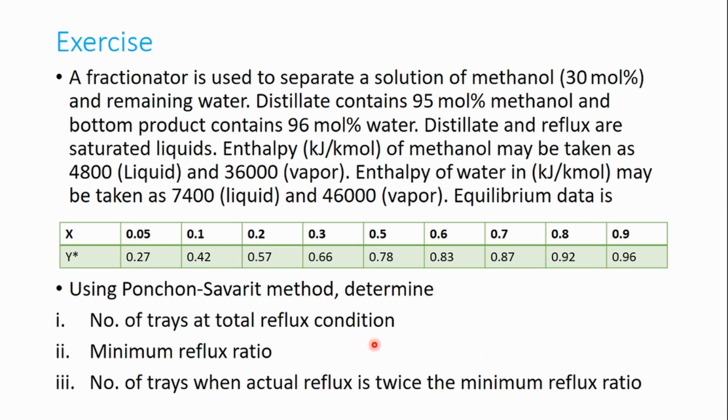So how do we get the minimum reflux ratio? It is obtained by drawing a tie line that passes through the feed point and extending it to the XD line. That will give you the minimum reflux ratio.